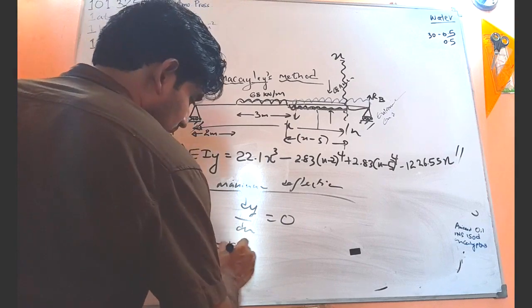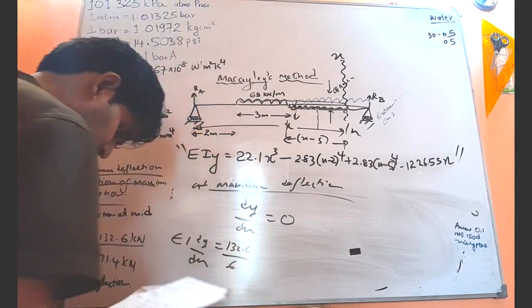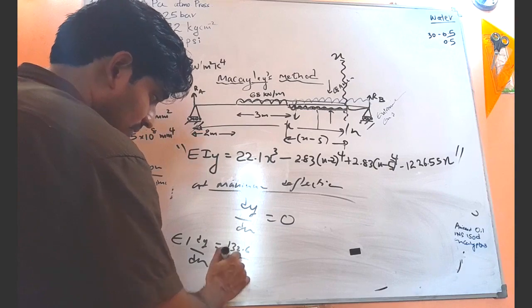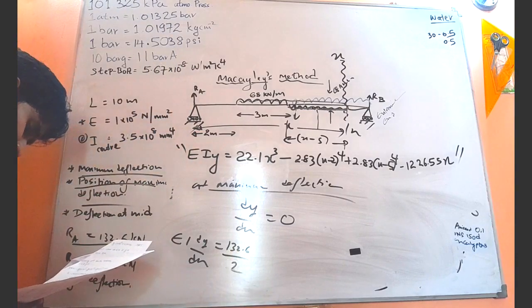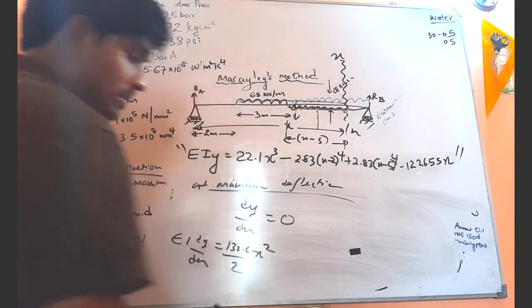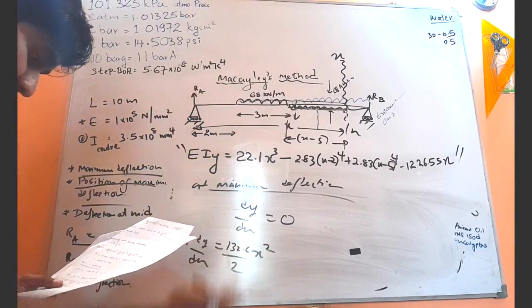132.6 divided by 2 x squared, right? But the one before the last integration, right?